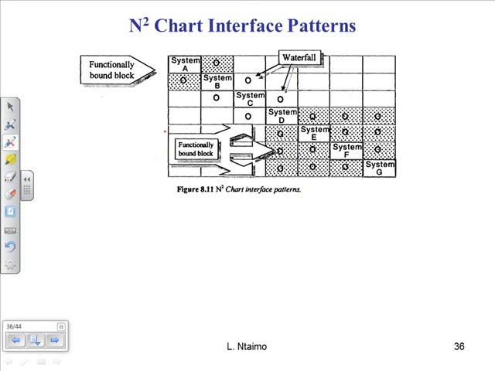about the n-squared chart. For example, in this particular n-squared chart, we can see that we have system A and B. They seem to be co-located over here. So this can be what is known as a functionally bound block, meaning that system A and B may be performing a particular function together.